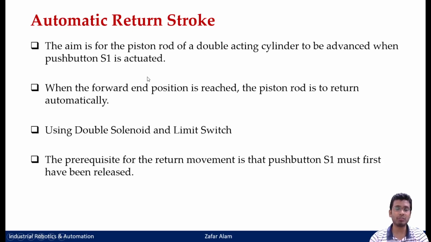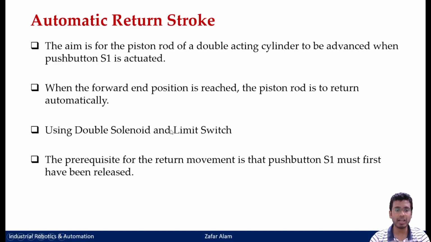When I press push button S1, it is not a control switch, it is a push button, the piston rod of a double acting cylinder is extended. When the forward end position is reached, the piston rod is to return automatically. You have to implement this circuit using a double solenoid and a limit switch.